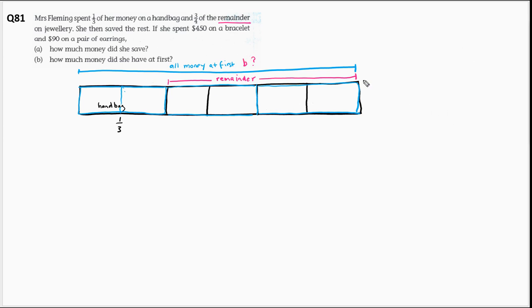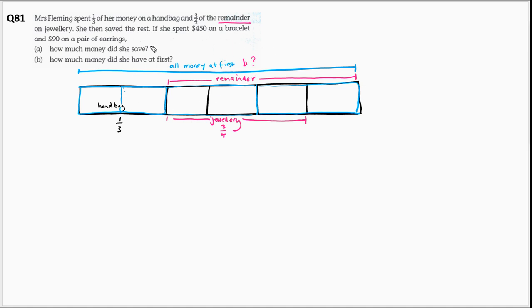So back to this remainder. 3/4 of the remainder is on jewelry. This is the 3/4 that's referred to here.